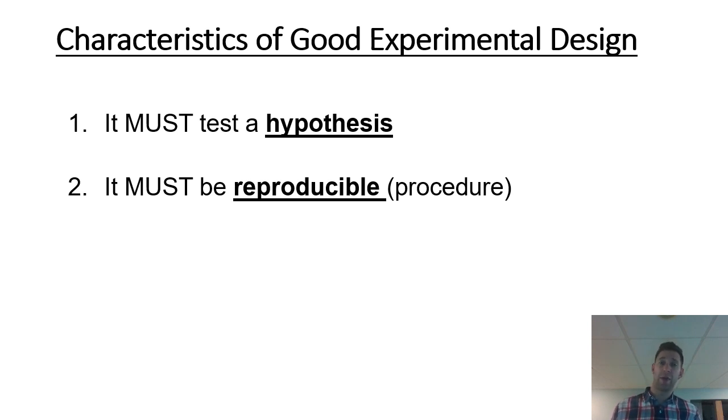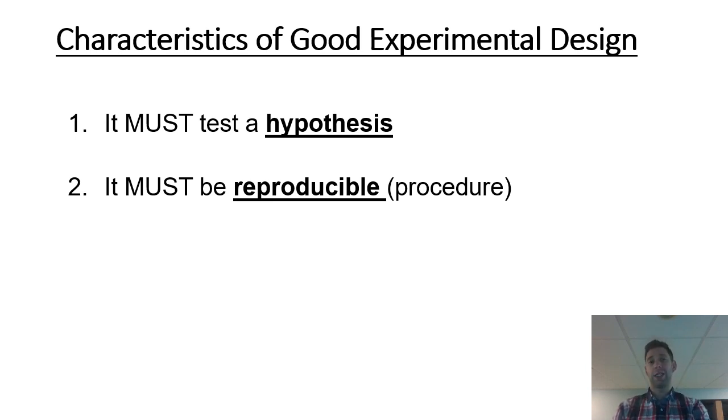That part's really important, that scientists are able to replicate and reproduce other scientists' work. If you do an experiment and find something really cool, but no one else can replicate what you did, it's really not that valuable to the world of science. So that's where writing a procedure comes into play.